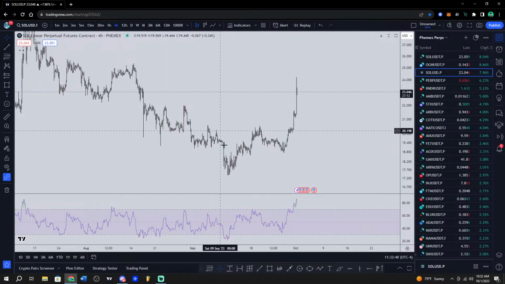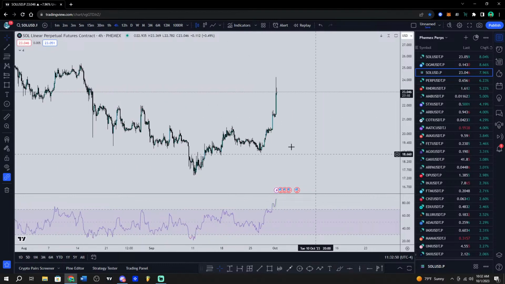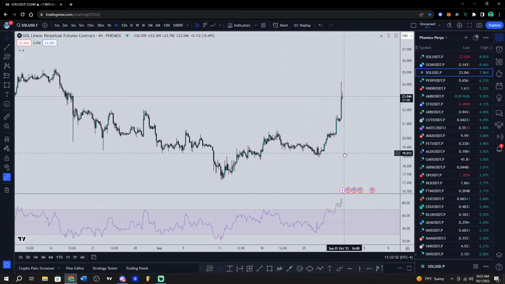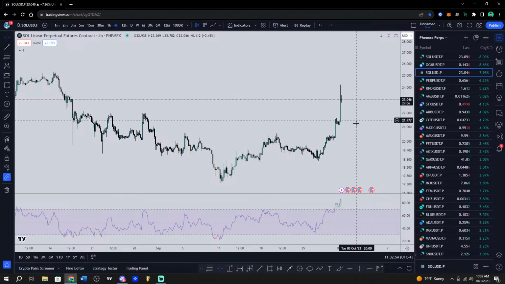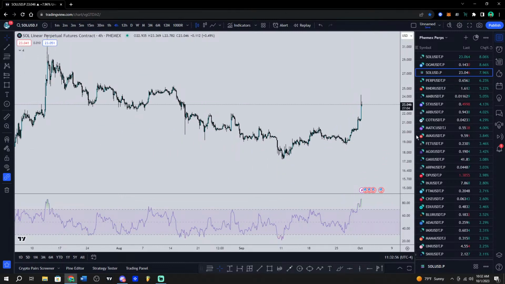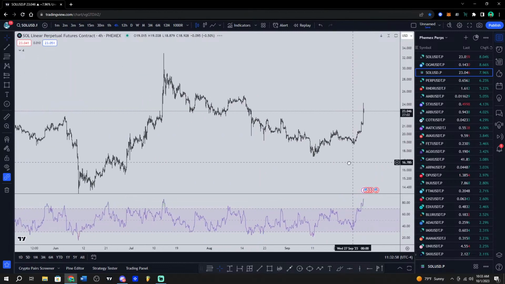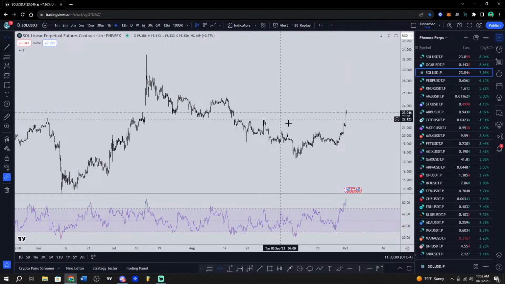I think this looks like a beautiful Wyckoff. Just completely cleared all of this. Just cleared that.